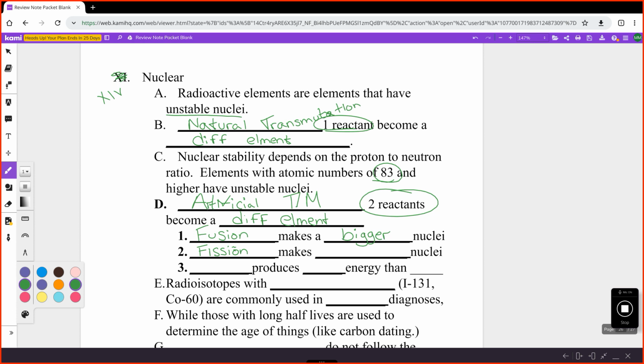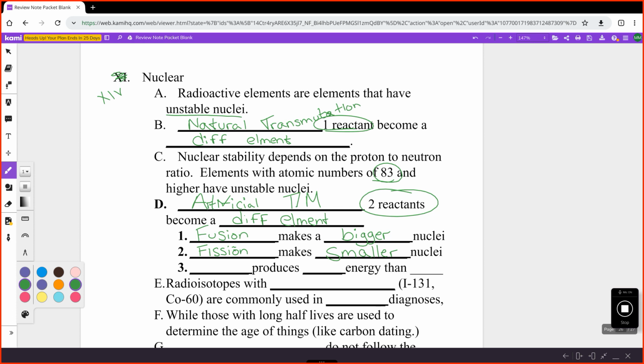Fission is the opposite, where two particles smash into one another and out comes smaller nuclei. Uranium-235 tends to do this. It gets hit by a neutron and splits into two smaller nuclei. Even if it diminishes by only one proton, it's considered fission, because it is breaking into something smaller.